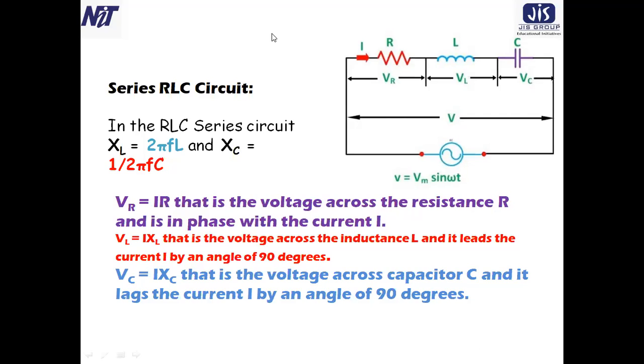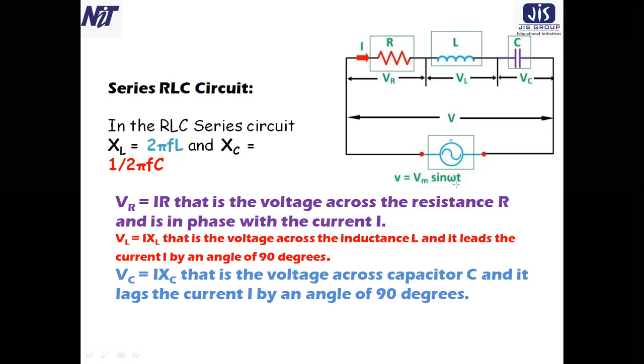You all know, this circuit is called the series RLC circuit. Why is it a series RLC circuit? Because resistance, inductance and capacitance, all the three elements are connected in series with the supply voltage V. The voltage V here is Vm sin omega t, a sinusoidal voltage.